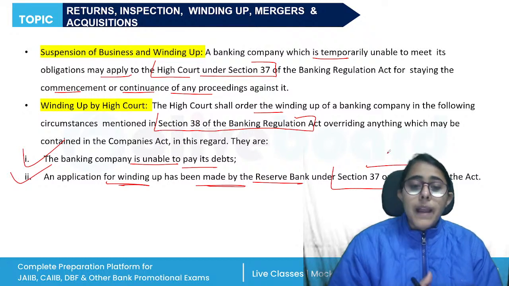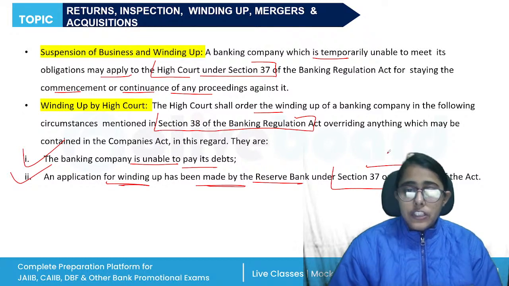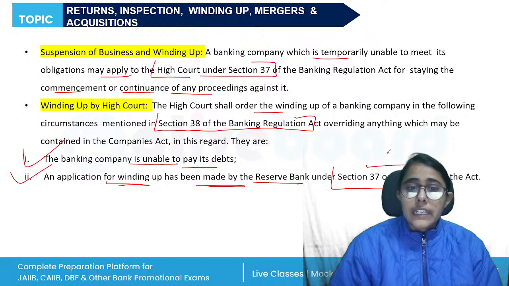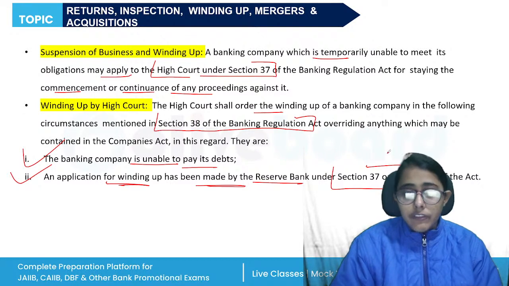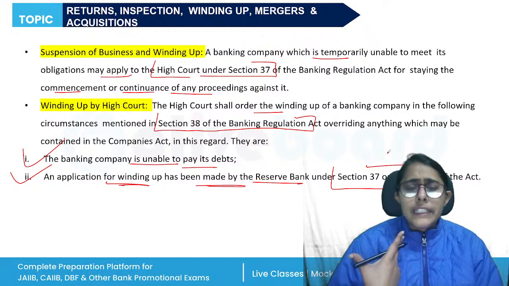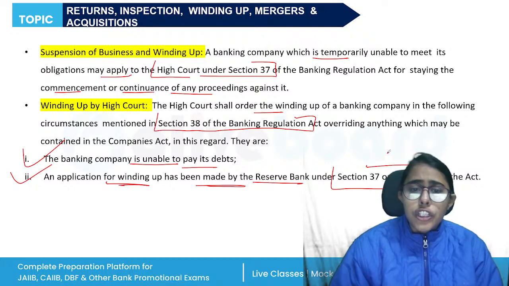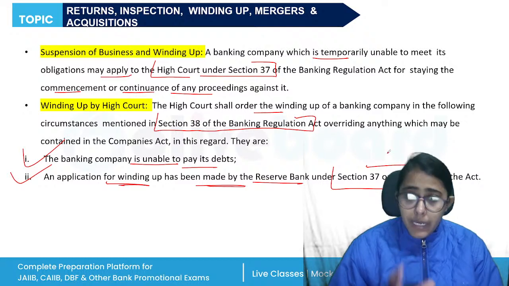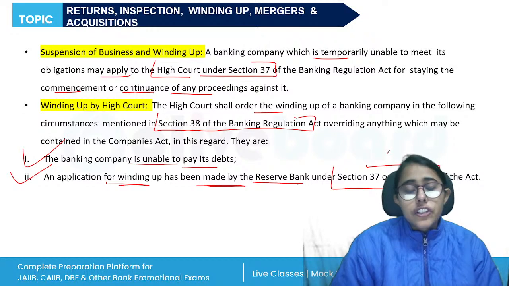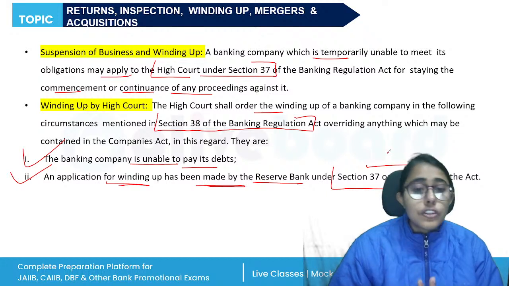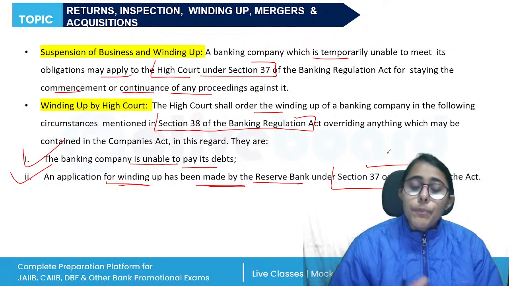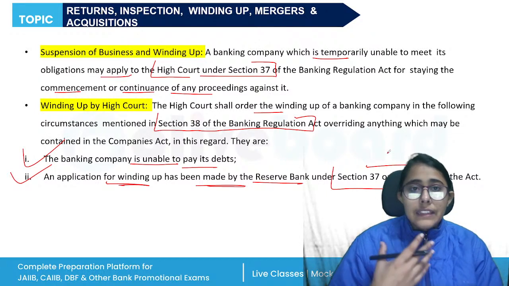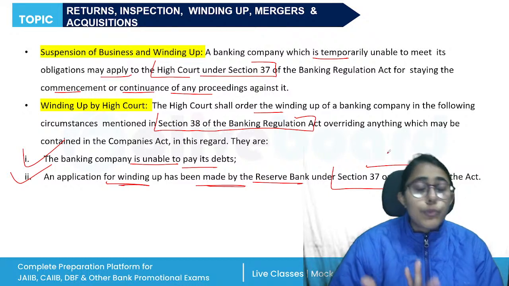And the Reserve Bank is bound to make an application for the winding up under Section 38 if it is directed by the central government. They may issue such direction on consideration of any report or inspection or scrutiny made by the Reserve Bank, right? But before giving any such direction, the banking company has to be given an opportunity to make a representation. Like they should be given a chance to prove or to be heard, right?